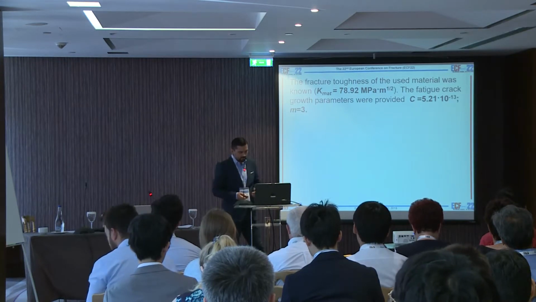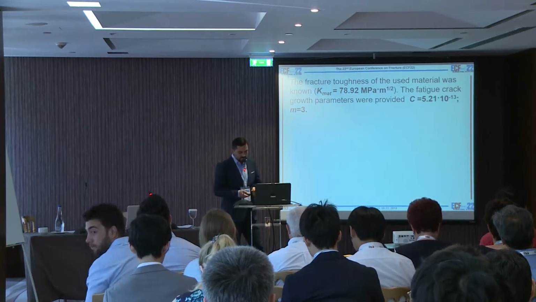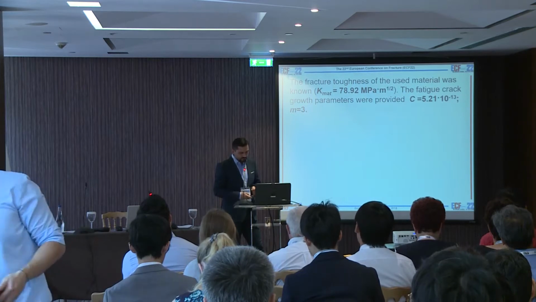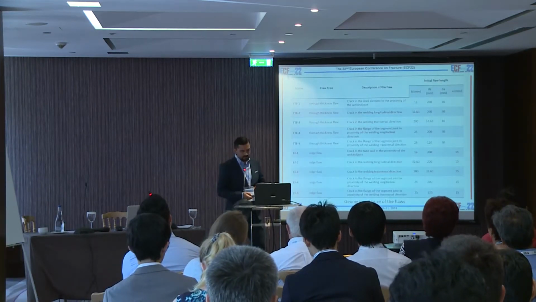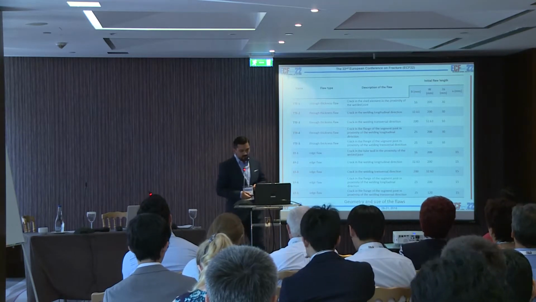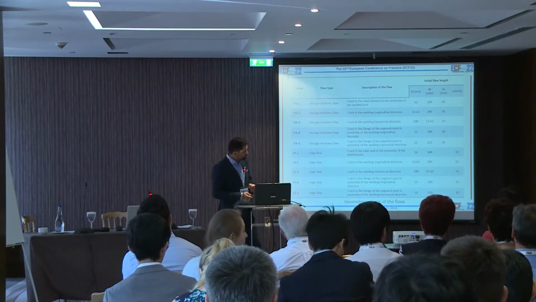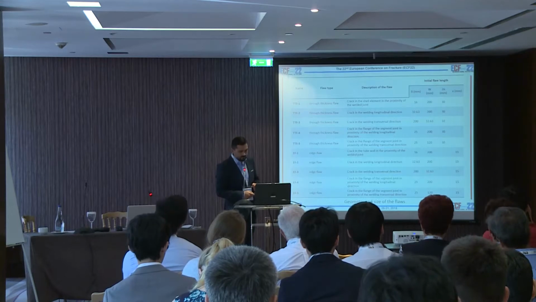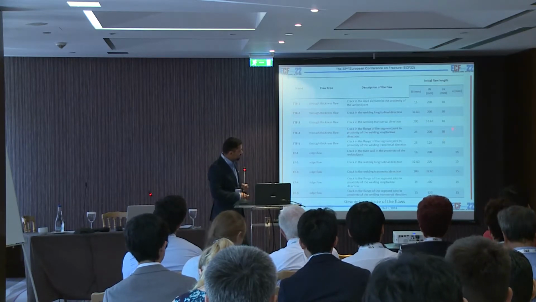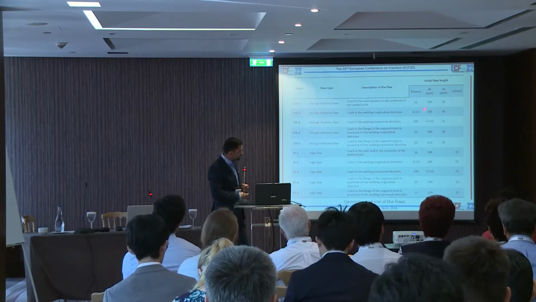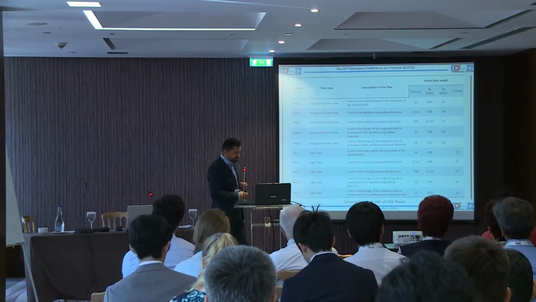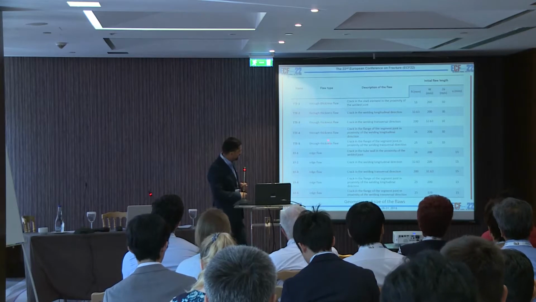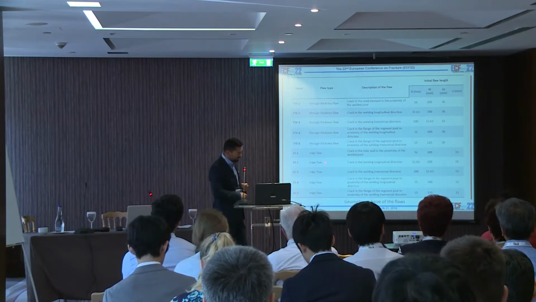And of course the investor also provided the Paris law parameters C and m. Regarding the flaws, in this table I show some dimensions regarding the initial flaw length and the types of the flaw. It was taken into account 10 types of flaws, from the through thickness flaw type to the edge flaw type.